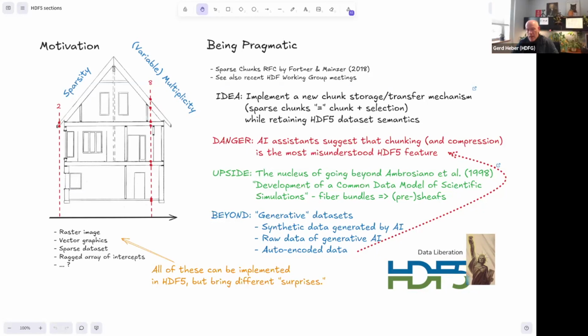Yeah. But then also the raw data of generative AI, when it comes to reproducibility, provenance, and so forth, the data provenance chain needs to be enriched.